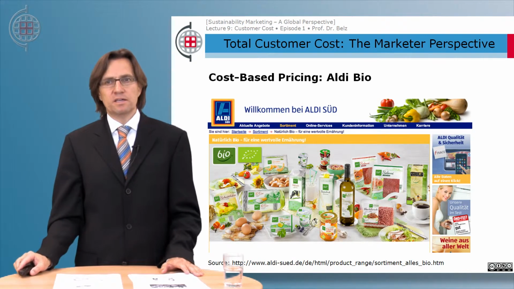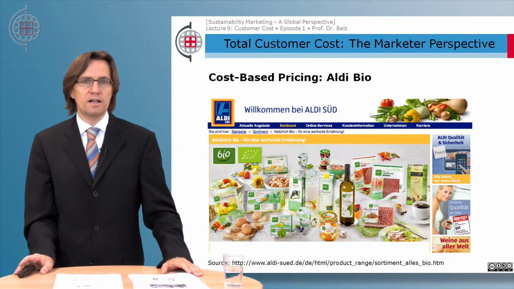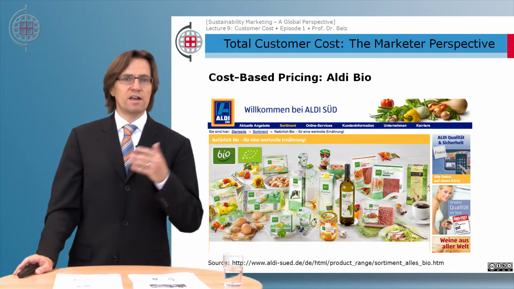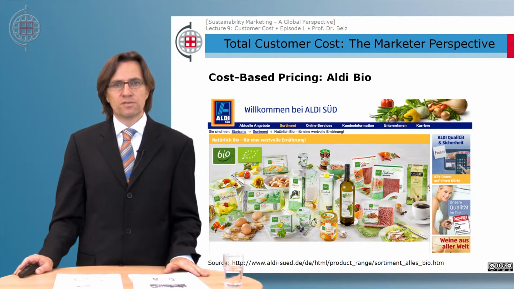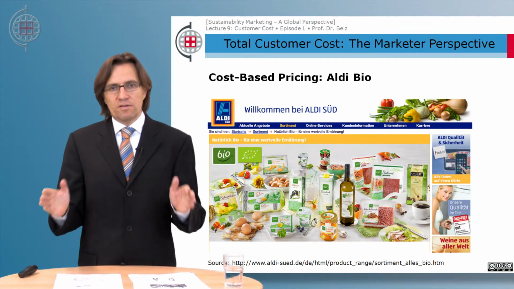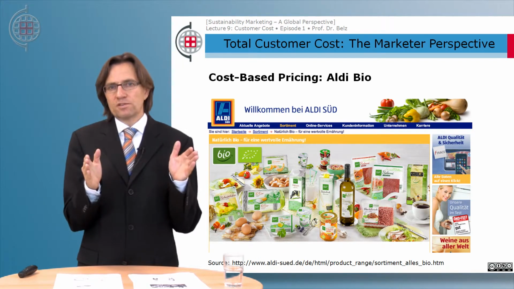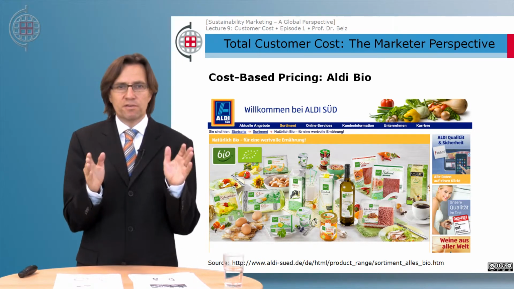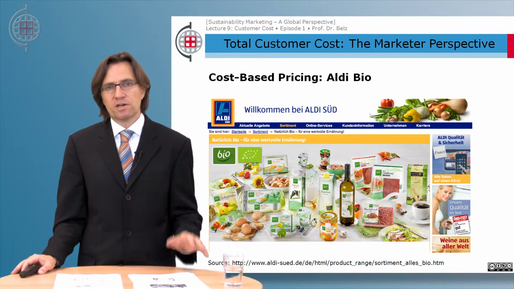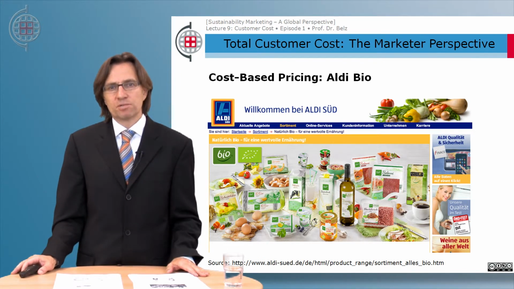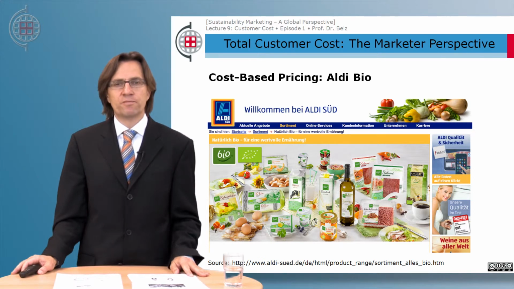Unlike the German discounter Aldi, they ride on the wave of organic food, and they also introduced a basic organic food assortment a couple of years ago. It's limited to a certain number, around 40 to 50 products, basic products including milk products, some meat products, and so on and so forth.